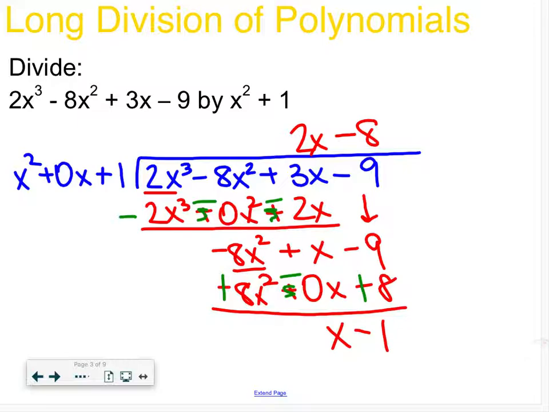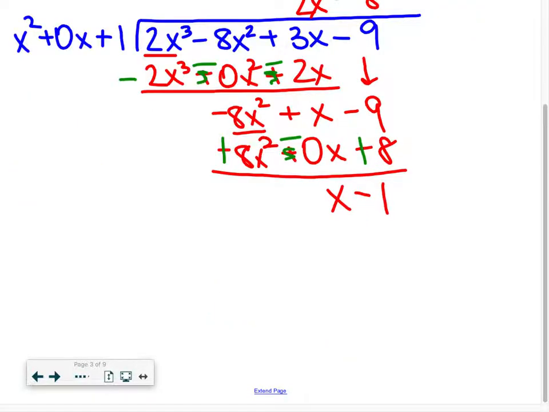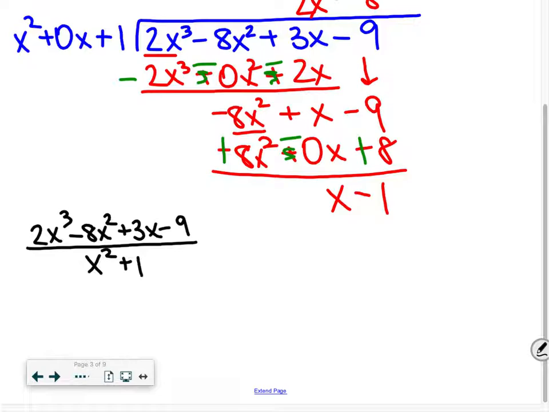Okay. So let's talk about what we just did there. We took 2x cubed minus 8x squared plus 3x minus 9. We divided it by x squared plus 1. Our result was 2x minus 8 with a remainder of x minus 1.